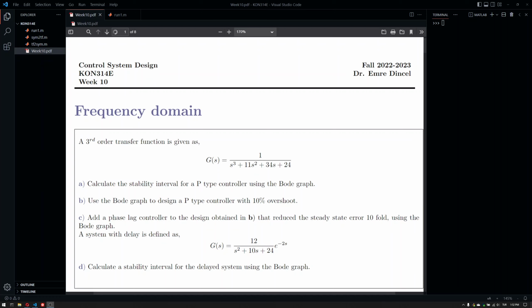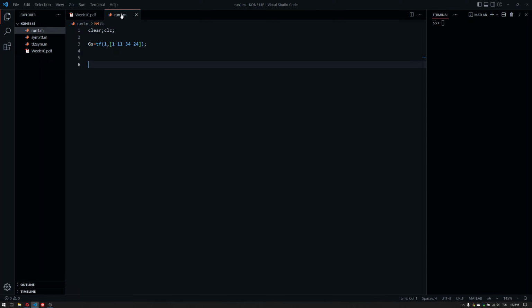Now, since the Bode graph is mentioned, what is the Bode graph or Bode plot? Let me talk about that.